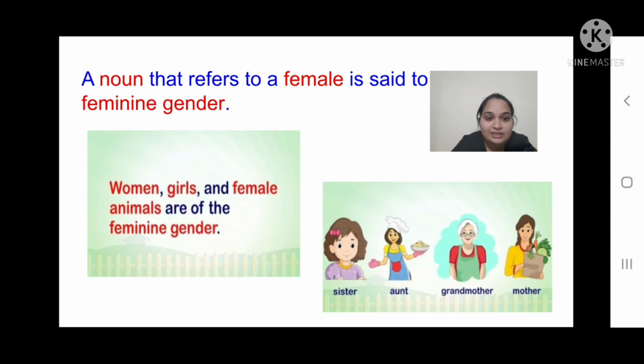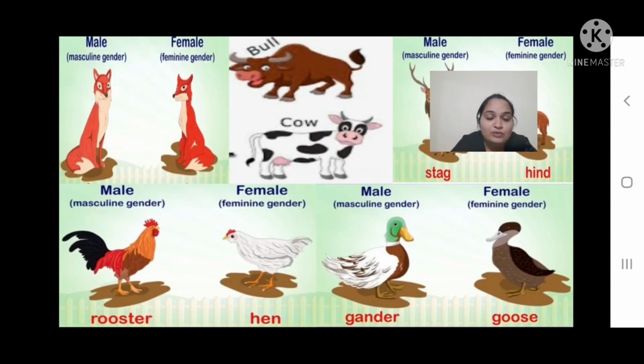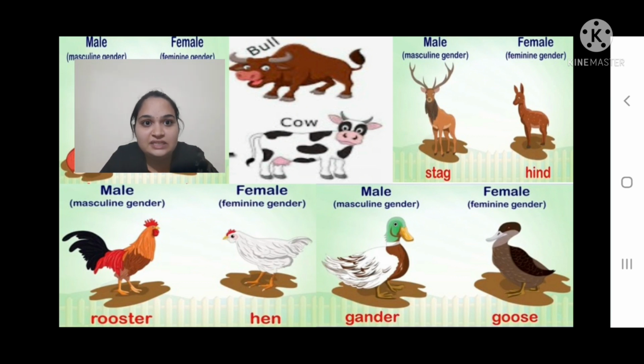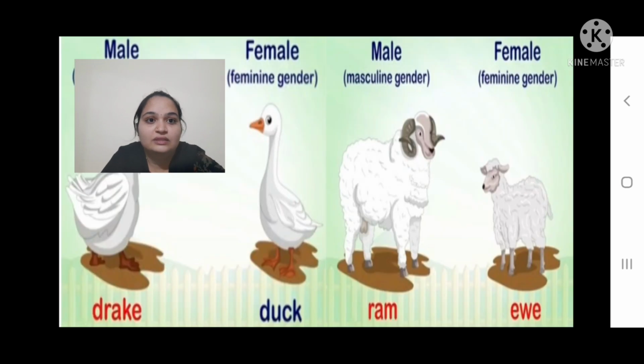For example, sister, aunt, grandmother, mother. Now we have a few examples of male and female animals here. See them. Bull, cow, stag, hind, rooster, hen, gander, goose, drake, duck, ram, ewe. So these are a few animals with masculine and feminine gender.